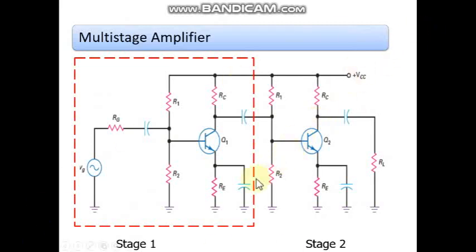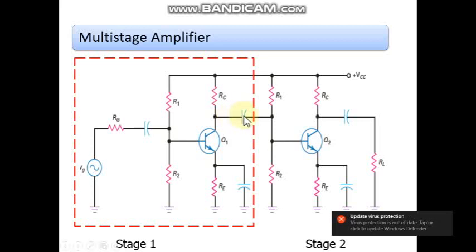So what we have discussed is that if we give a voltage source here, that is our stage 1, the first stage amplifier, then the output will be amplified and inverted by 180 degrees. This is given as the input to the second stage. So this is our second stage of the amplifier.